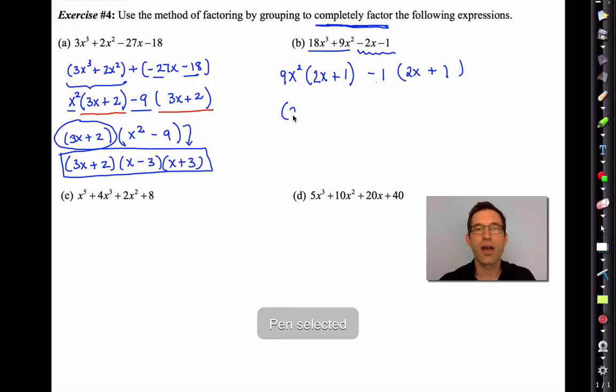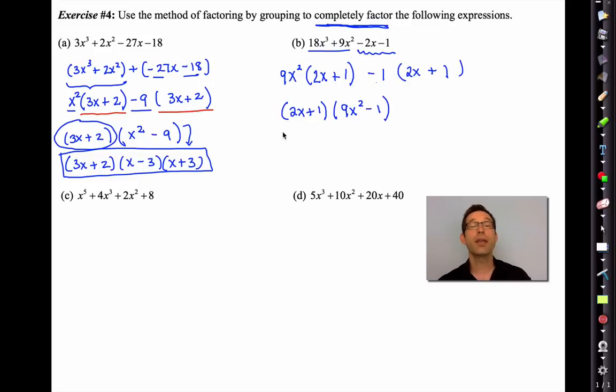But now I can factor that 2x plus 1 out, and I'll be left with 9x squared minus 1. Again, sometimes at this point we're done. Sometimes we're just done. There's nothing we can do. But yet again, in this case, that binomial is the difference of perfect squares. And it can be factored as 3x plus 1 and 3x minus 1.